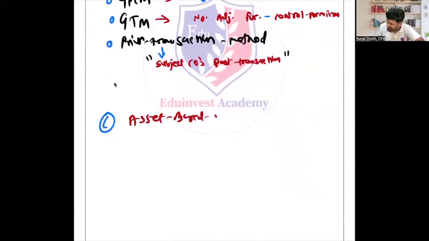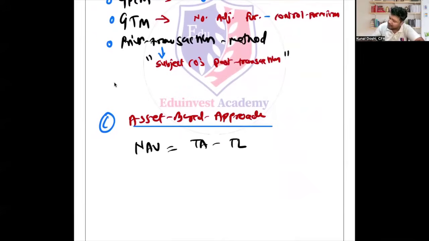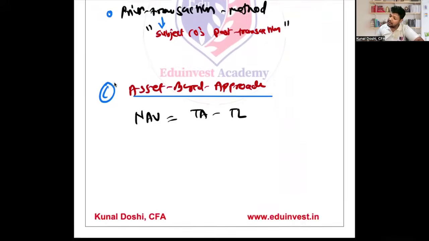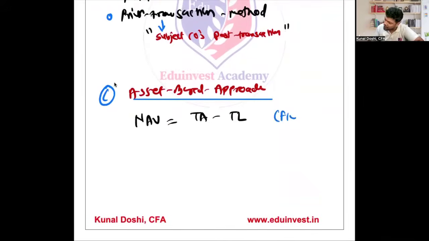So in the asset-based approach, we are simply going to find the company's NAV, which is total assets minus total liabilities, similar to what we did in level one. This is going to be the minimum value, which is what we call the floor value. This is generally the last value that the company has, assuming the company is going to get liquidated.